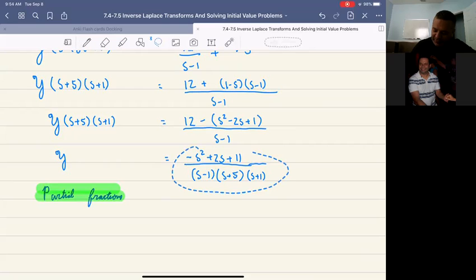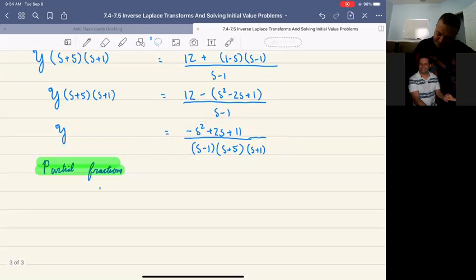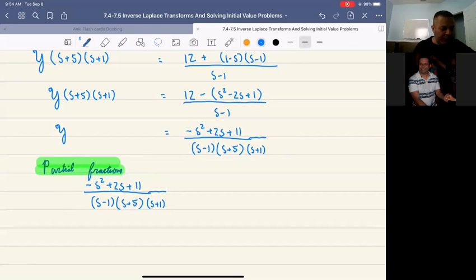Okay, so let me copy this. I'm going to write this with a negative in front, and that would change all the signs here. So if I do negative, that becomes negative, that becomes negative.